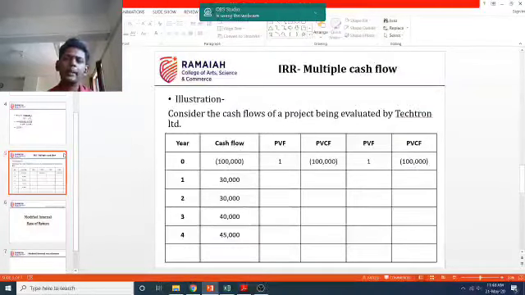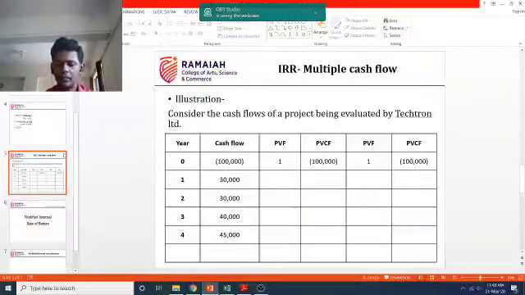However, when it comes to multiple different cash flows, for example, I have taken an illustration. This illustration has different cash flows for different years. First year it is giving you 30,000, second year 30,000, third year 40,000, and fourth year 45,000. So how do we calculate internal rate of return for this?